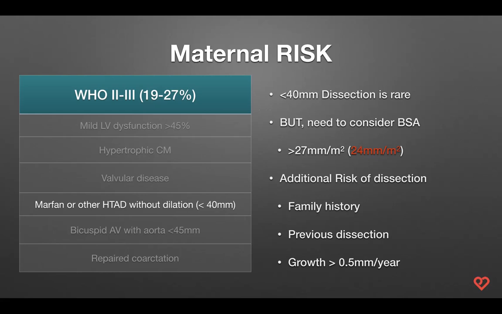So very important: less than 40 millimeters, dissection is rare in these patient populations, but we need to also check ourselves and calculate this as her body surface area. So she is 24 millimeters per meter squared. Your risk increases if you're more than 27 millimeters per meter squared. The other thing to always ask your patient is whether they had a family history of dissection, which increases their risk. They've had a previous dissection, or the growth rate of their aorta is greater than 0.5 millimeters per year.